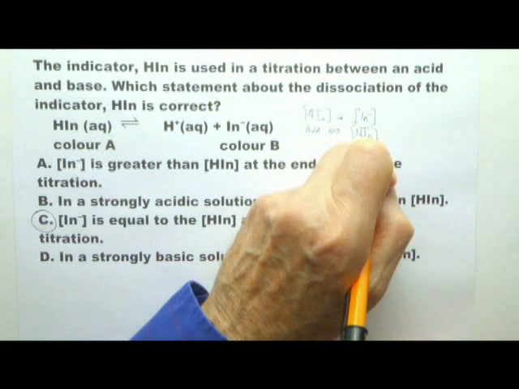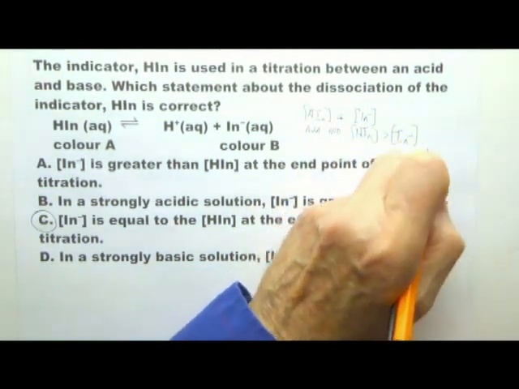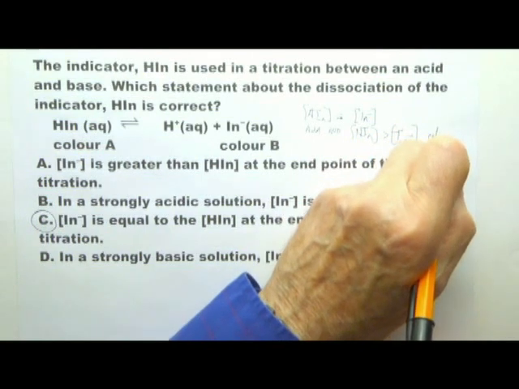HIn will be greater than In-, and therefore you get color A.